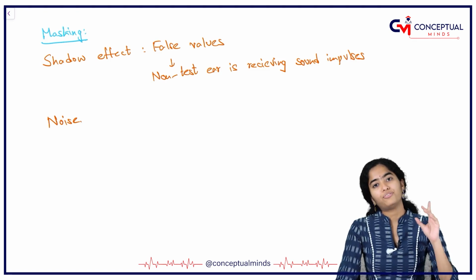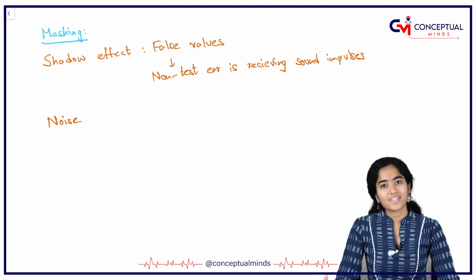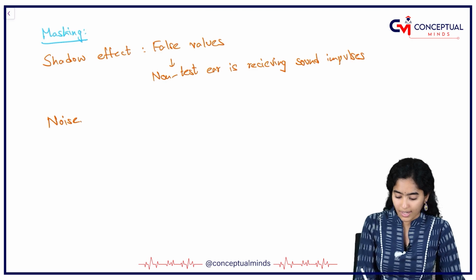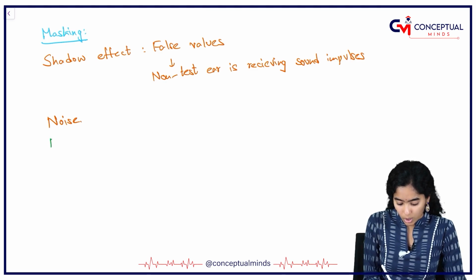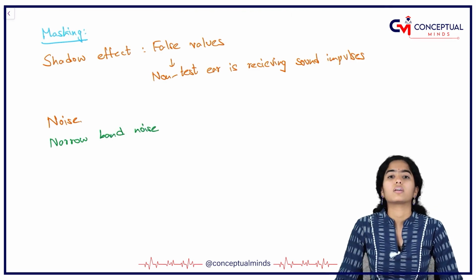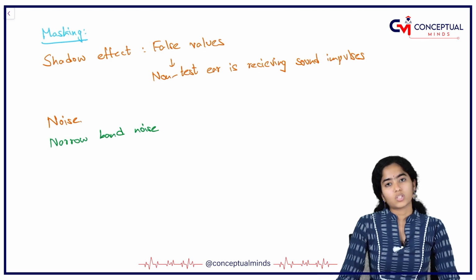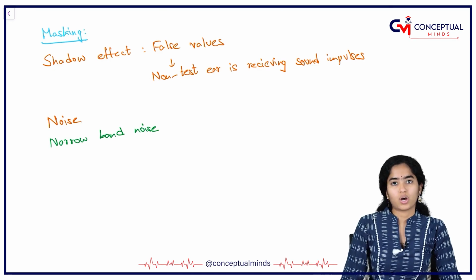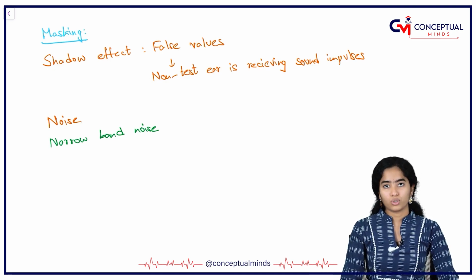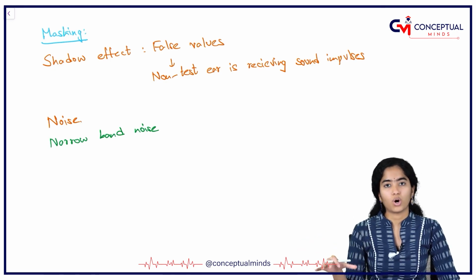So when you're checking for this ear, the opposite ear is given some noise, and that noise is called narrow band noise. It can also be given by a noise box called the Barany noise box, or generally in pure tone audiometry, that noise is given through the audiometer itself.